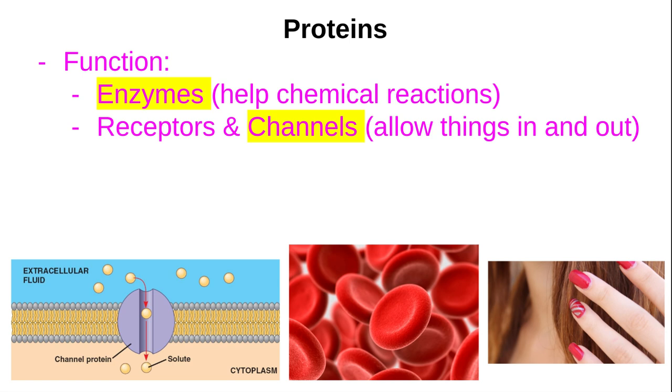When we think about the cell membrane, we said that lipids, phospholipids, make up the cell membrane, but remember we have protein channels and protein receptors. So receptors and channels in our cell membrane help let things in and out of the cell.